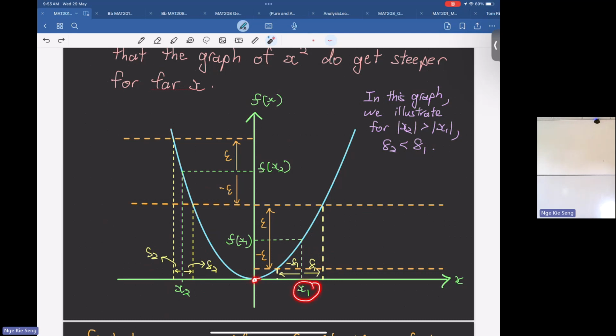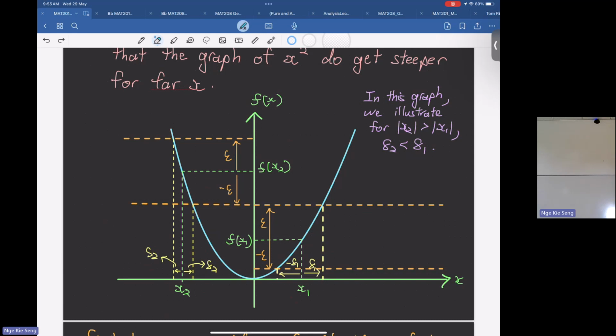Does it make sense? So this means that delta could depend on the point that you check whether it is continuous or not. If you go further away, this delta gap will become smaller and smaller, although you are looking at the same epsilon gap.